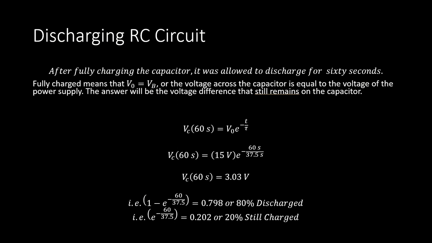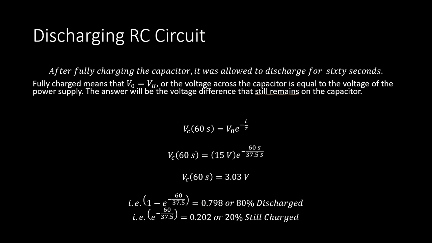Fully charged just means that our initial voltage difference once we start discharging equals our battery supply. If it wasn't fully charged, then it would be whatever we allowed it to charge to. And therefore, this would be the voltage across the capacitor. The answer will be the voltage difference that still remains on the capacitor.